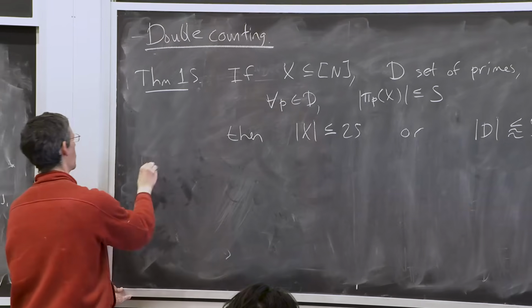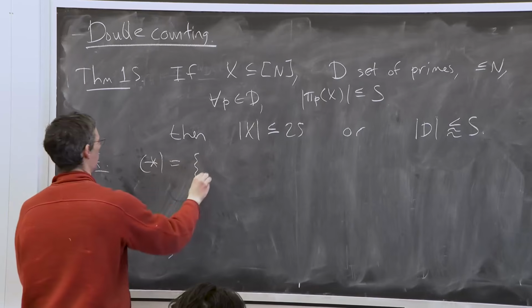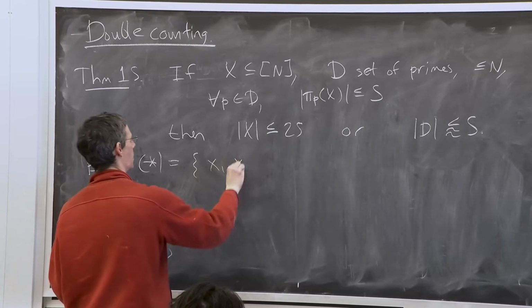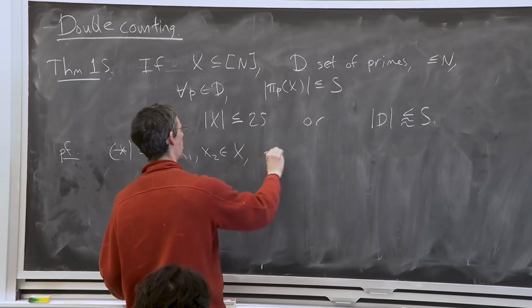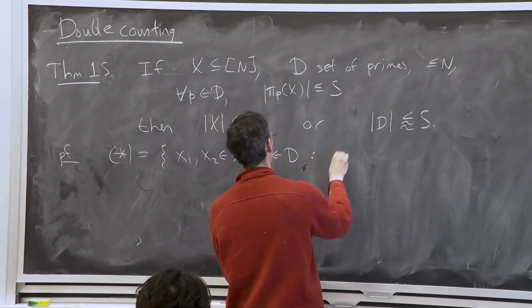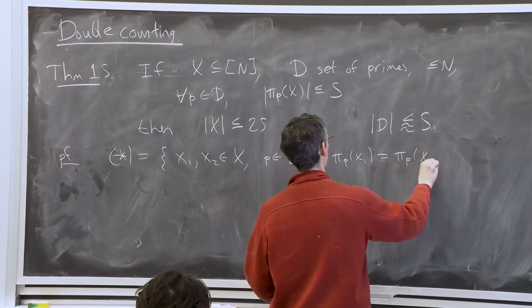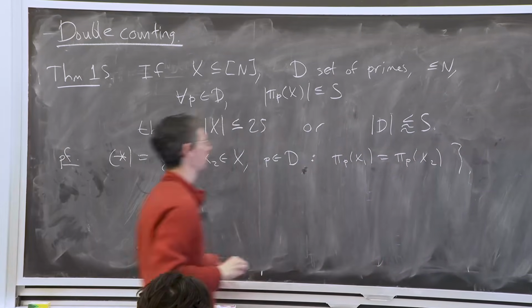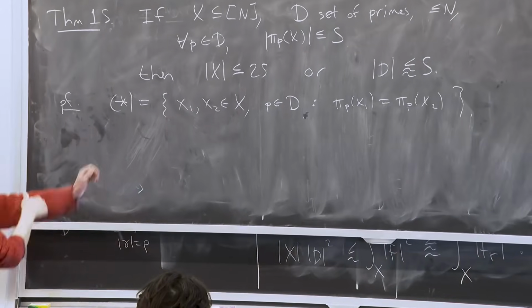OK. So proof. We're going to count coincidences. That's the set of X1 and X2 in X, and p in our set of directions, or our set of primes, so that pi p of X1 equals pi p of X2. OK, so we'll count this two different ways.